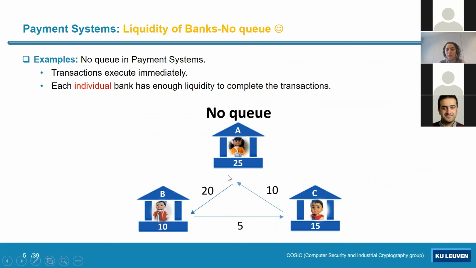For example, A wants to send 20 euros to party B, and B wants to send 5 euros to party C. In no queue, you can see that all the banks have enough liquidity to do their transactions. In this case, we say that each individual bank has enough liquidity to complete their transactions, and all the transactions will be settled immediately.